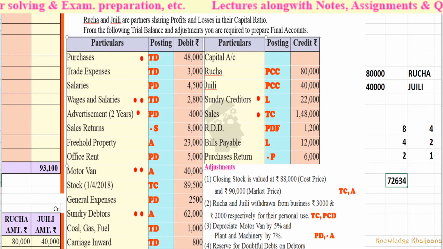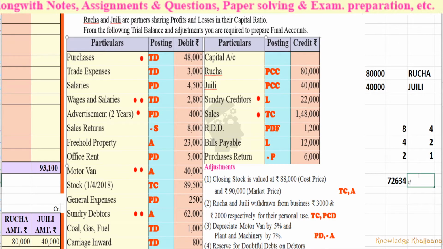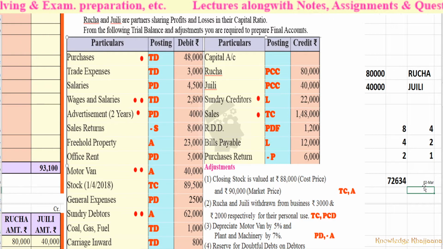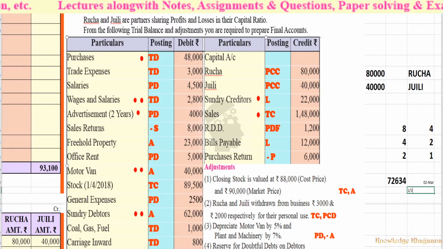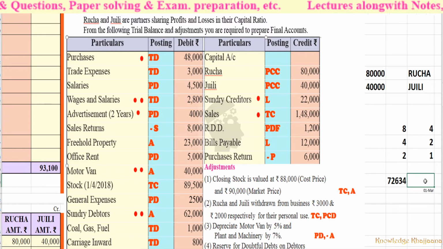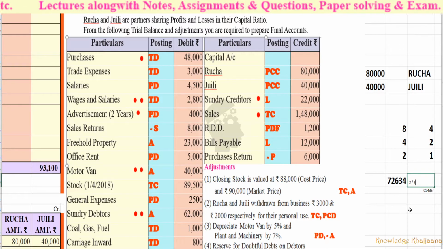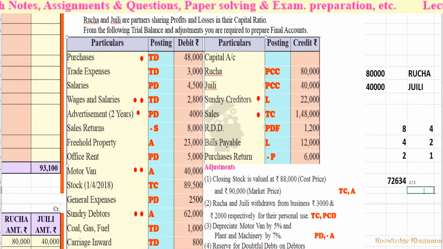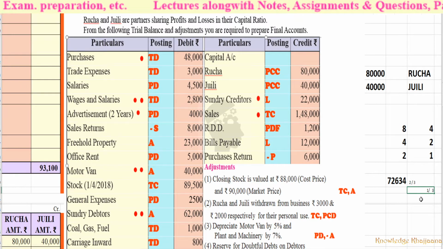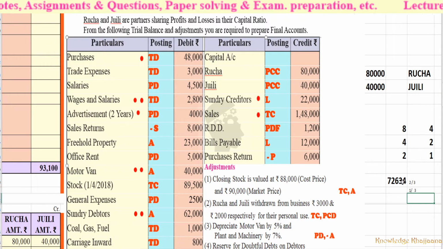We have to give to Rucha in the proportion of 2 upon 3 and to Julie in the proportion of 1 upon 3. So we make 3 parts of 72,634.